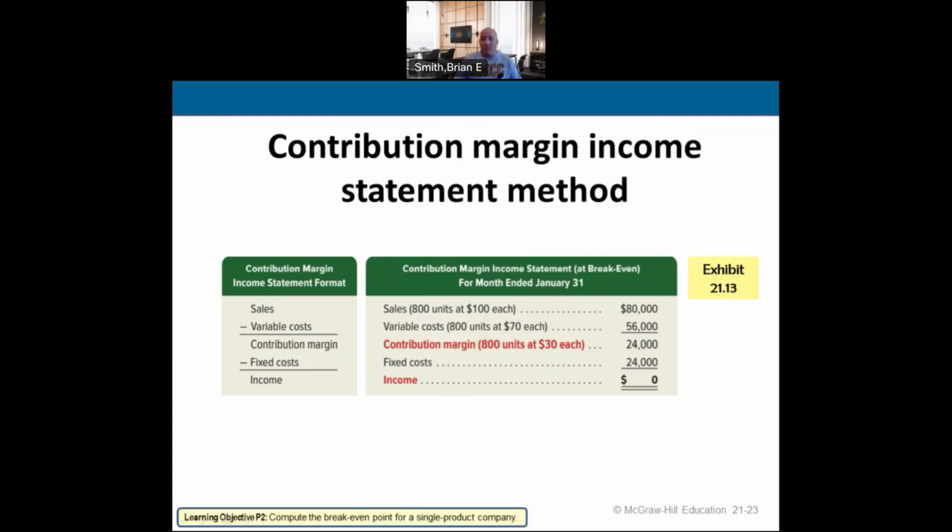In fact, I could probably just give you two of these parts, because you already know income is supposed to be zero for your break-even method. So put a zero there, and if I give you variable costs of $56,000, no, I think I still need to give you another one. I need to give you at least sales, or at least the selling price. You could work through it at that point. Anyway, that's a method, but we're going to focus probably on the formula method.